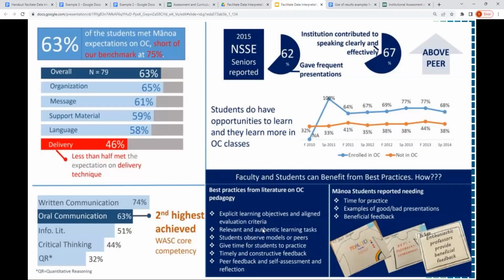When we were working on the oral communication assessment, I thought, who in the university are the groups that have the most power to act upon the results that can have impact at scale? General education, oral communication focus group is the group that I identified because they review oral communication designation proposals.